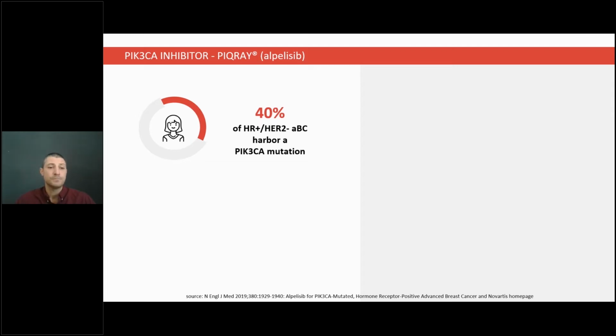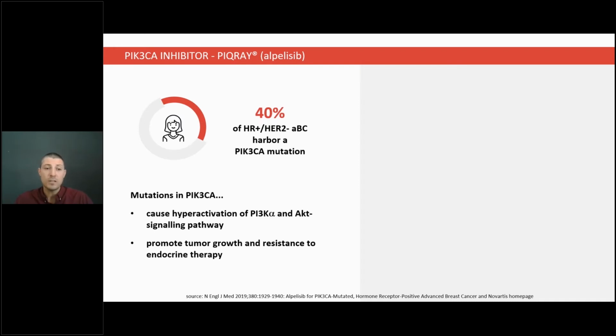The drug can be applied only if a mutation has been confirmed in the patient in PIK3CA, and this is the case in 40% of hormone receptor positive HER2 negative advanced breast cancer. So these 40% of patients are eligible for this kind of treatment.